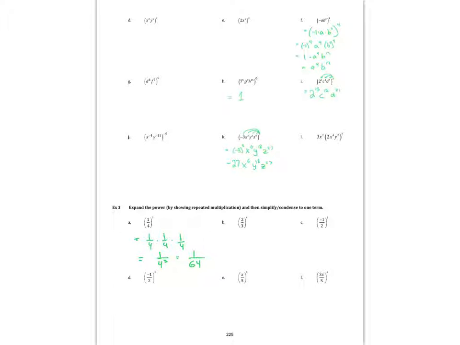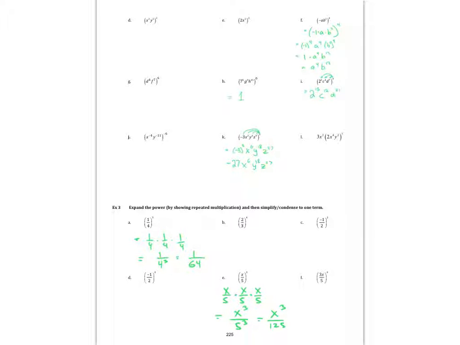We'd have x over 5 times x over 5 times x over 5. That would be x cubed over 5 cubed, or x cubed over 125. You should notice the rule is similar to the multiplication rule. The exponent is going to go to both the top and the bottom. So x over 5 to the 3rd becomes x to the 3rd over 5 to the 3rd.